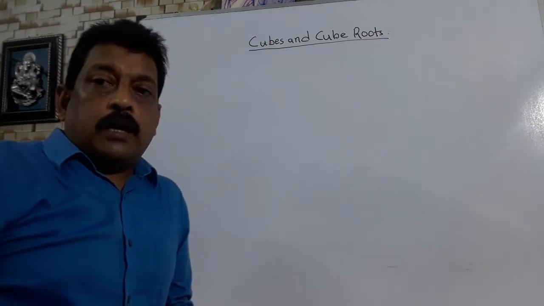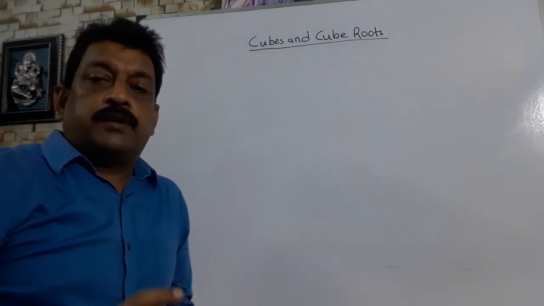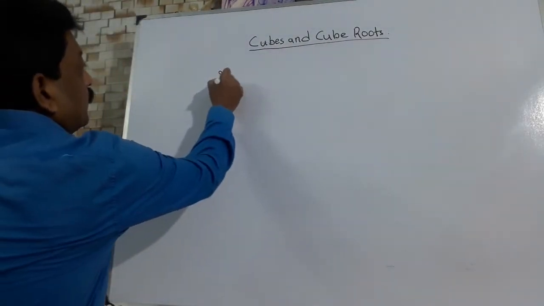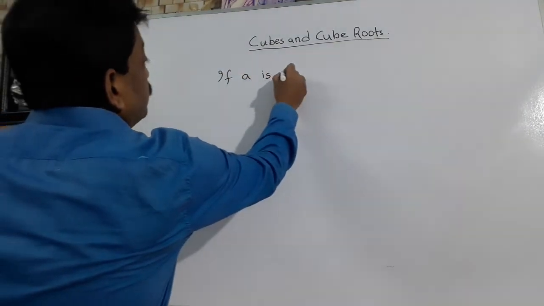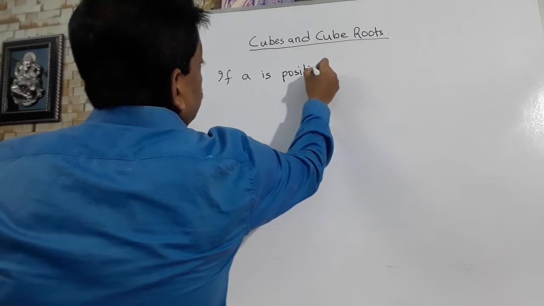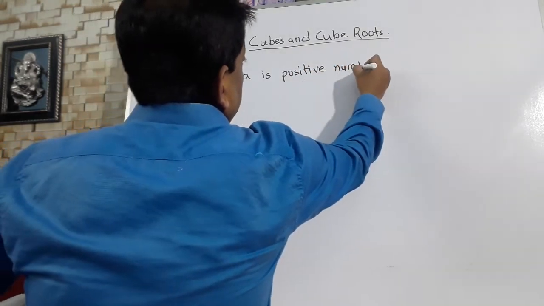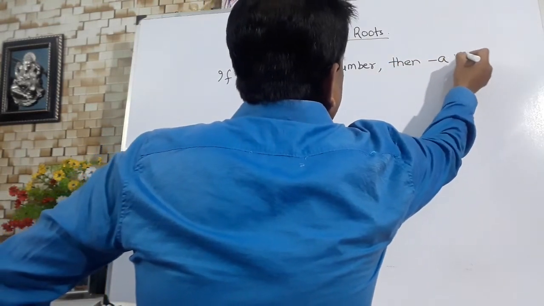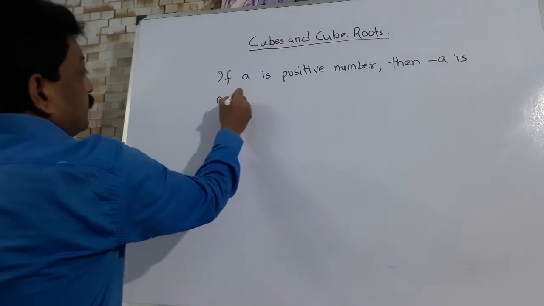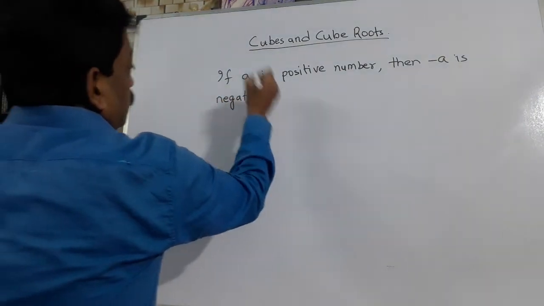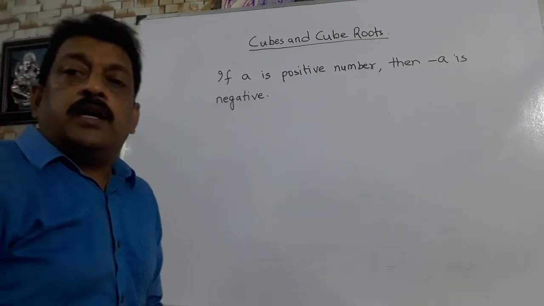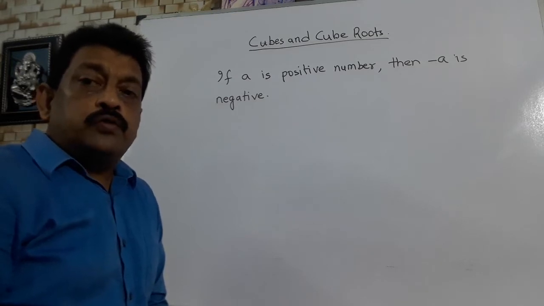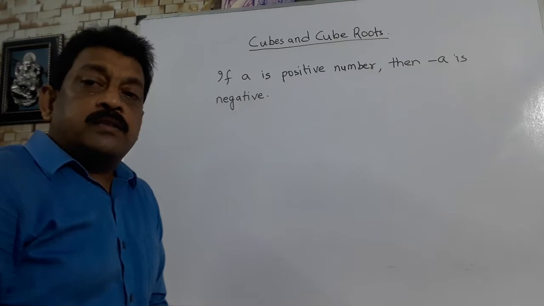Now, if a negative number is given to us, then how to find its cube root? If A is a positive number, then minus A is negative. For example, if A equals 2, we all know 2 is a positive number. So if A equals 2, then minus A equals minus 2.